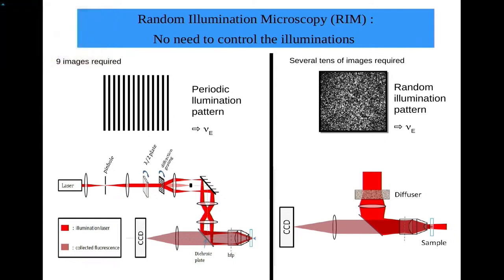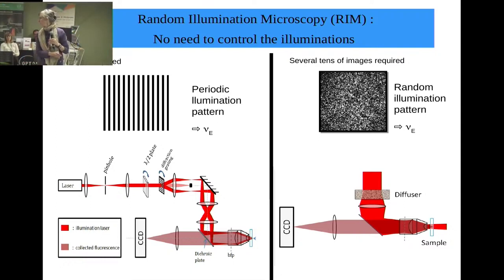In the last 10 years, because we were very bad experimentalists, we have decided to replace the periodic pattern with a completely random pattern. Because this was the experimental setup we had to do for periodic pattern. It never worked, okay? It was in total internal reflection. We could never get one image. It was always honeycomb stuff.